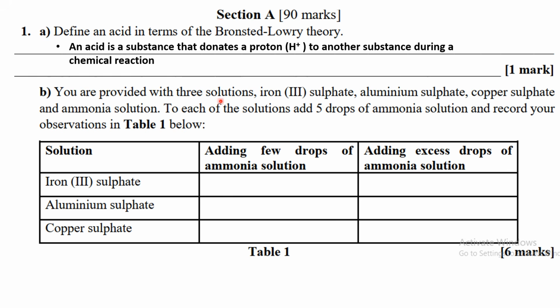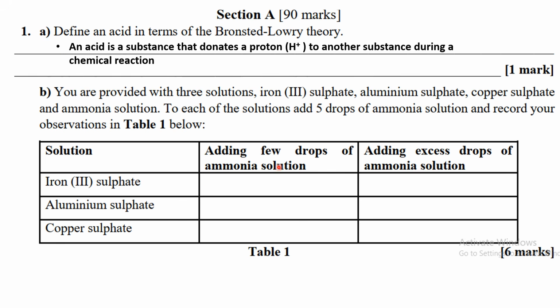But let's ignore the fact that this is a practical question. Let's take this as a question that has just come normally based on what students already had done. So we assume that students had done this practical before, and they already have preconceived ideas of what the results could be.